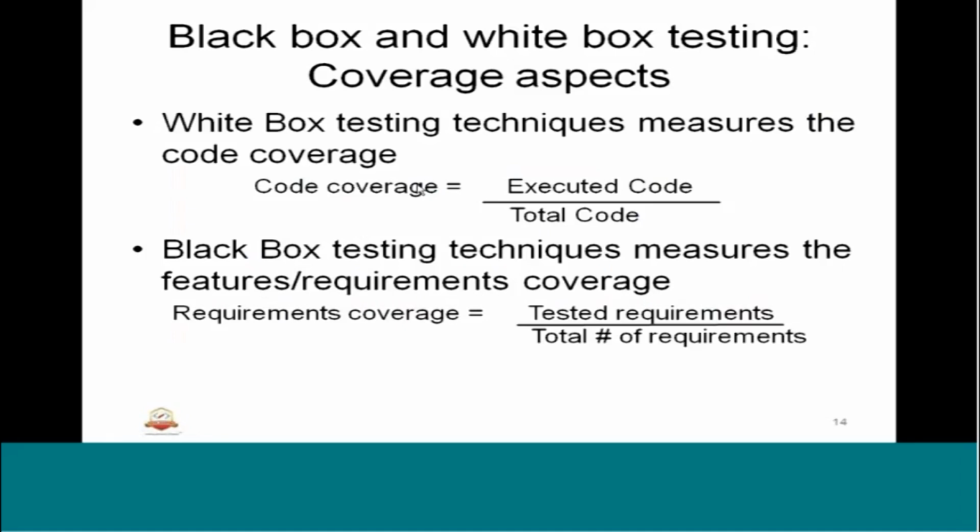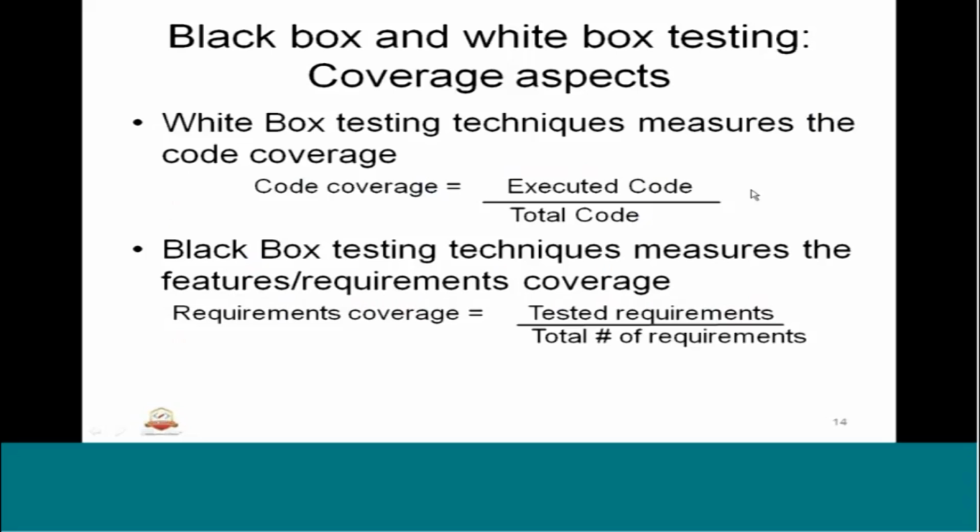Code coverage is what is called white box testing coverage. Basically, it measures the code coverage in terms of how much execution I have done during the white box testing versus the total coverage. So basically, executed code divided by total code will give the code coverage in terms of percentage.